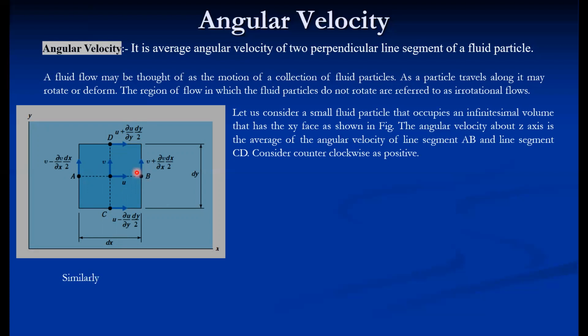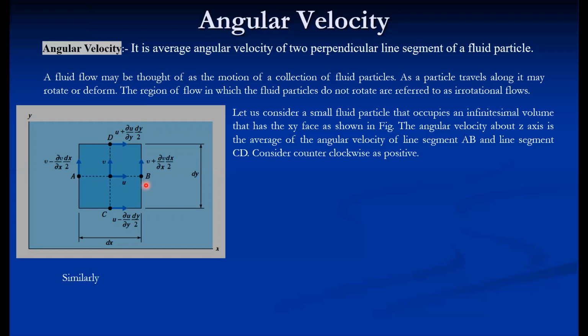Now, in order to write the expressions of the velocities at different locations, first of all, we consider the velocity at the center. At the center, the x component velocity is u and the y component velocity is v.